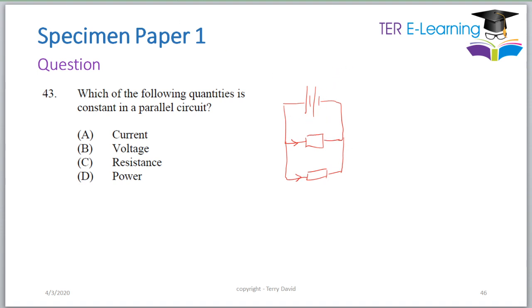But what we do know is that the voltage, so let's say the EMF across my cell, let's say that's V, and we take our next reading here, let's call that reading V1, and we connect the next voltmeter here, and this reading is V2, and this reading at the top here is V. We know that V1 is equal to V2, which is also equal to V. So for a parallel circuit, my voltage is constant, right? That's what they're trying to get at. I mean, the wording is not the best, but that's what they're trying to get at.